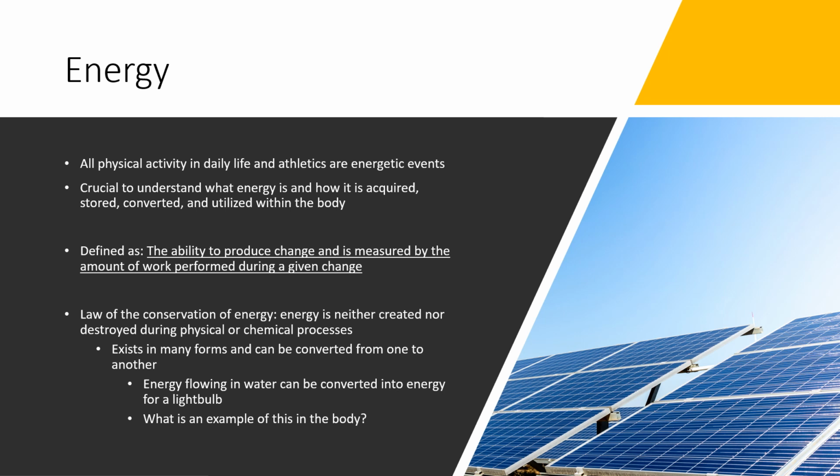The potential energy in the tissues is then converted via cellular respiration to ATP, which is then used for a variety of different biological work. Think a muscle contraction, the synthesis of different molecules, and the transportation of other substances. In this manner, the body is simply transforming energy from one form to another, never synthesizing, producing, consuming, or using up energy. It's simply just changing forms within the body.